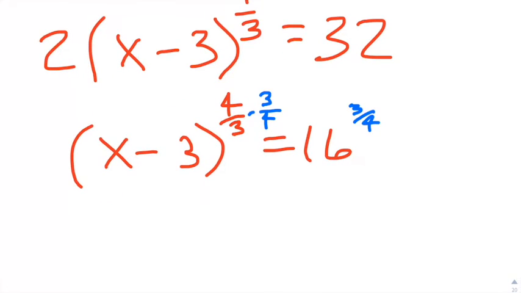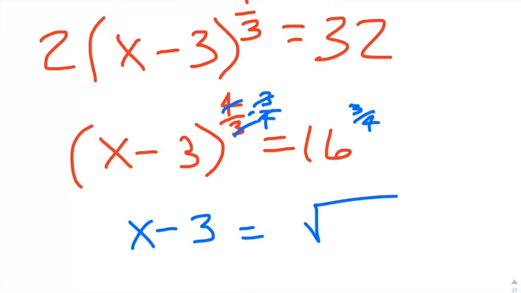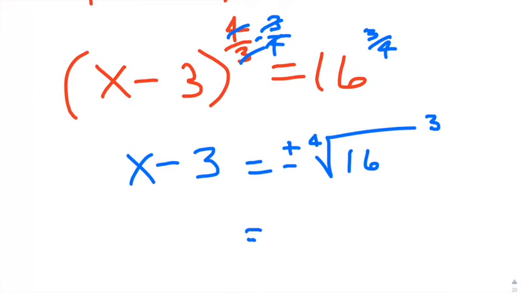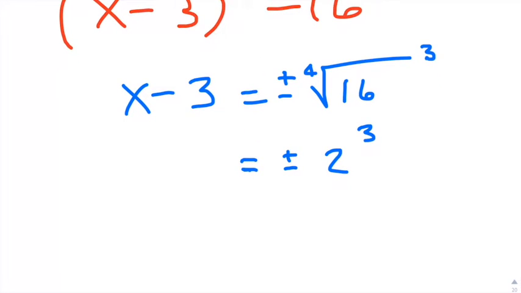Okay, the denominator of the fraction is an even number, so we'll need to do plus or minus, and then that's the 4th root of 16 cubed. We can do the 4th root first. The 4th root of 16 is going to be 2. And then 2 cubed is going to be 8. So we got plus or minus 8 in this case again.